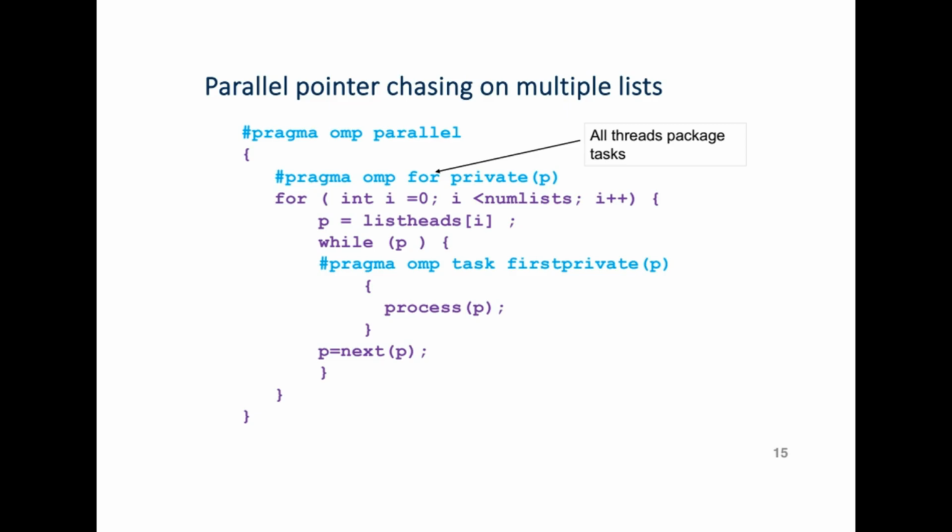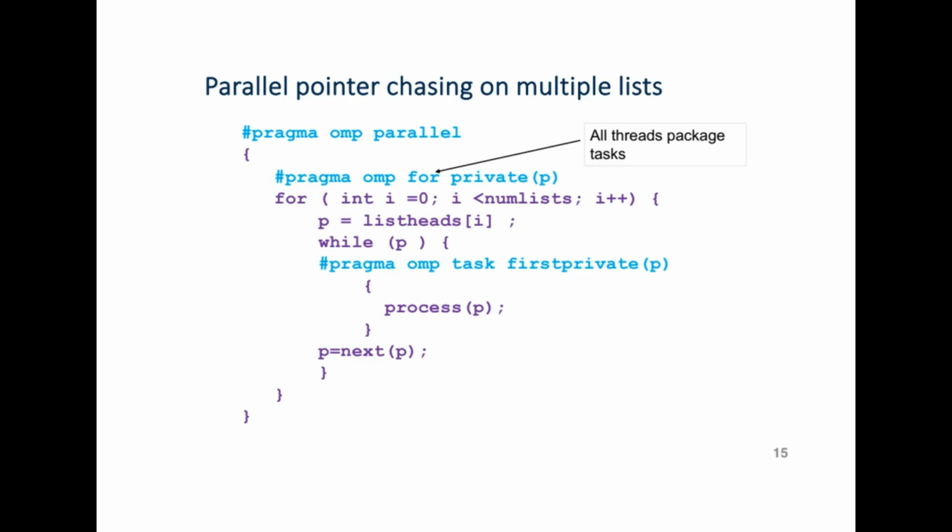There's no direct linkage between tasks and threads. The parallel region creates a fixed number of threads, however many we ask for, and then we can generate as many tasks as we like. Tasks will get assigned to threads in some order by the runtime, and all the tasks will get executed by some thread at some point.